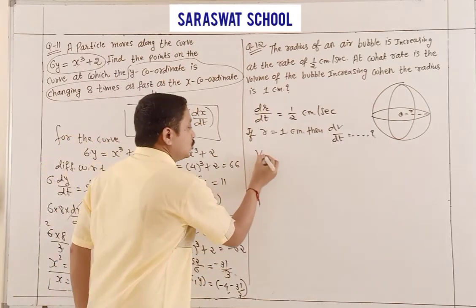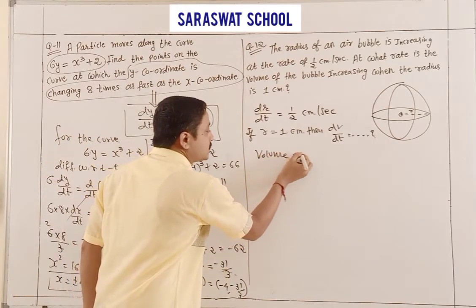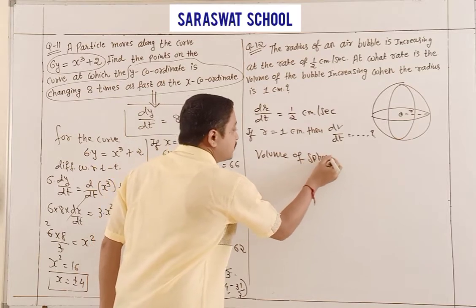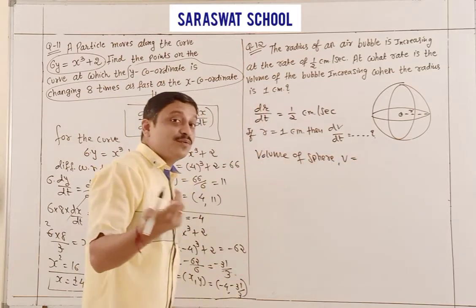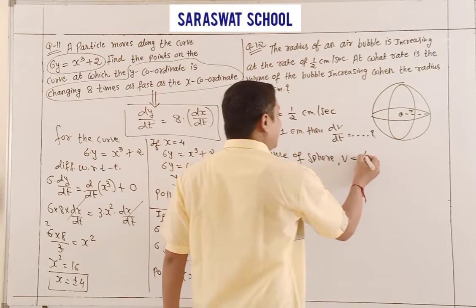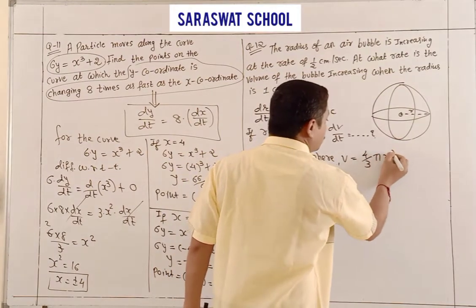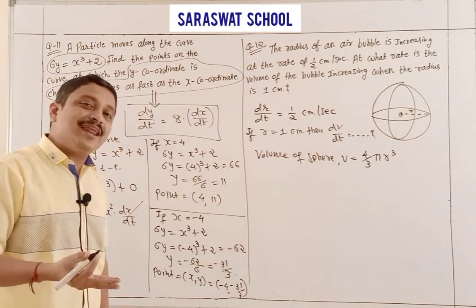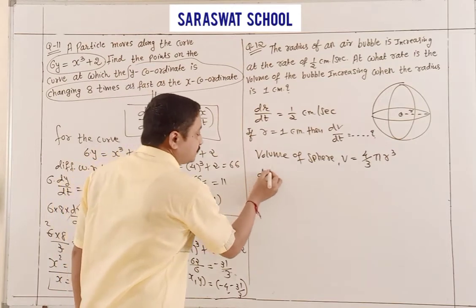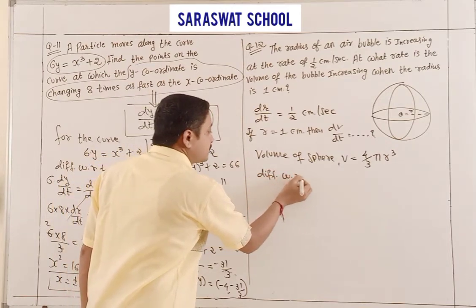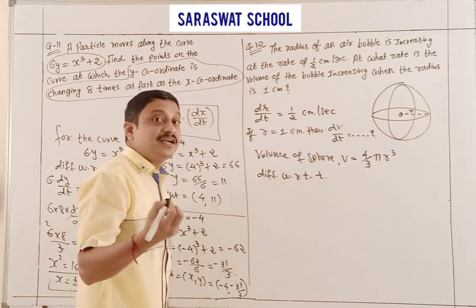Now I go to the volume of a sphere. It's very easy. What is the volume? 4 upon 3 pi r cube. Then apply the derivative, differentiation with respect to time.